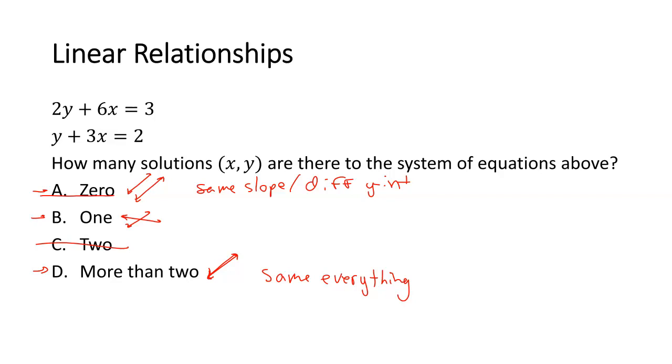All right? Now, this is already set up for elimination. If I wanted to do elimination, what would I do to that equation?